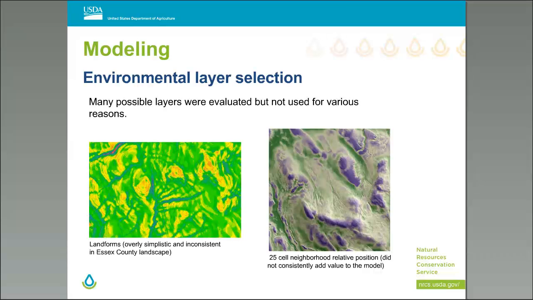But in Essex County, it was overly simplistic and inconsistent. Again, we're trying to consistently map certain soils, so consistency is a huge thing that we were looking for. And then relative position, which we tried multiple resolutions of, or neighborhoods, also didn't consistently add value to the model. It certainly told us some things, but it didn't necessarily tell us anything more than those other data layers were telling us.